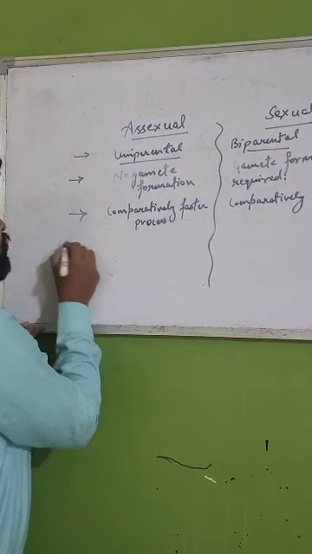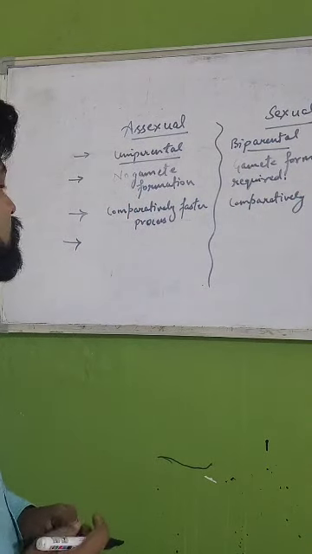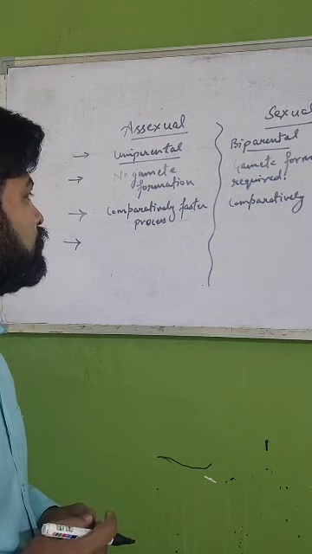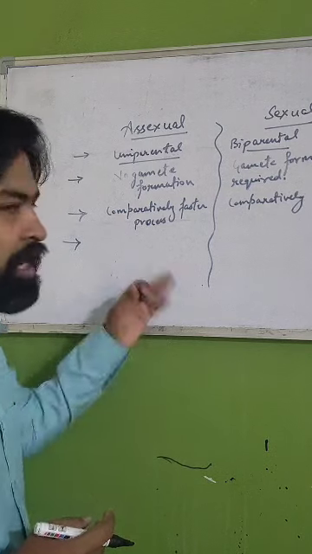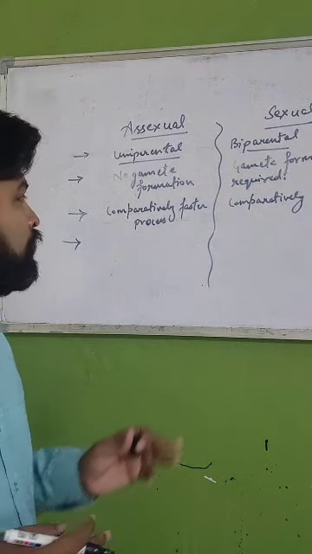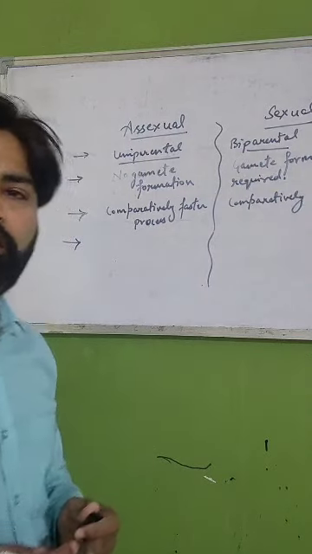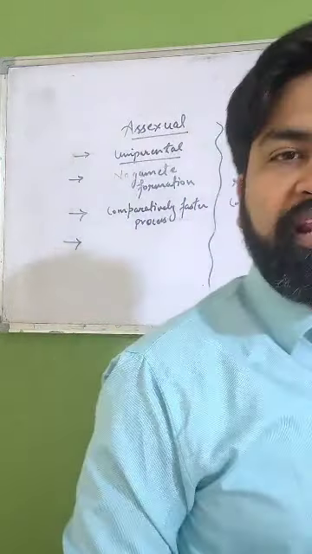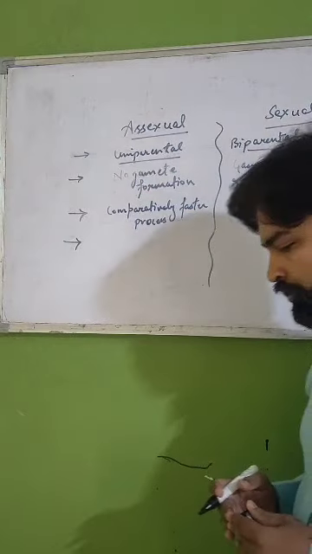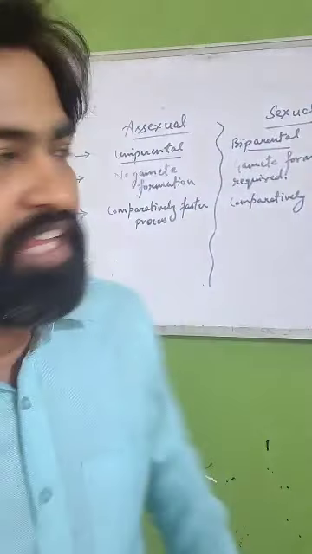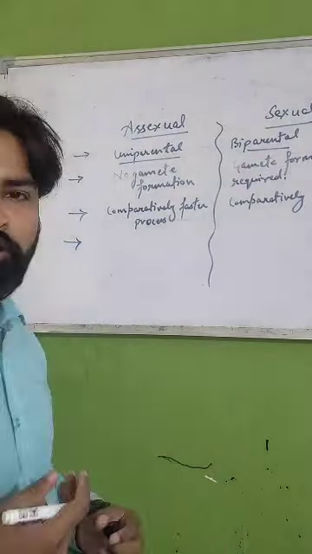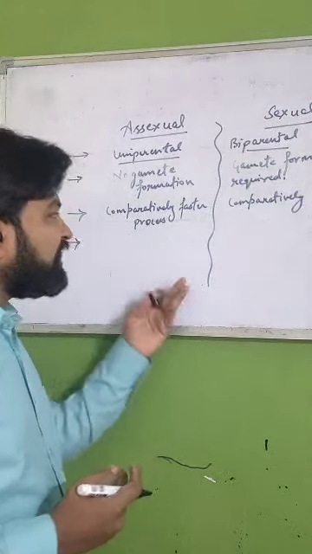If we talk about asexual reproduction, here the genetic information is transferred from parent to offspring via different asexual means such as fission and budding, and here no variation is seen.